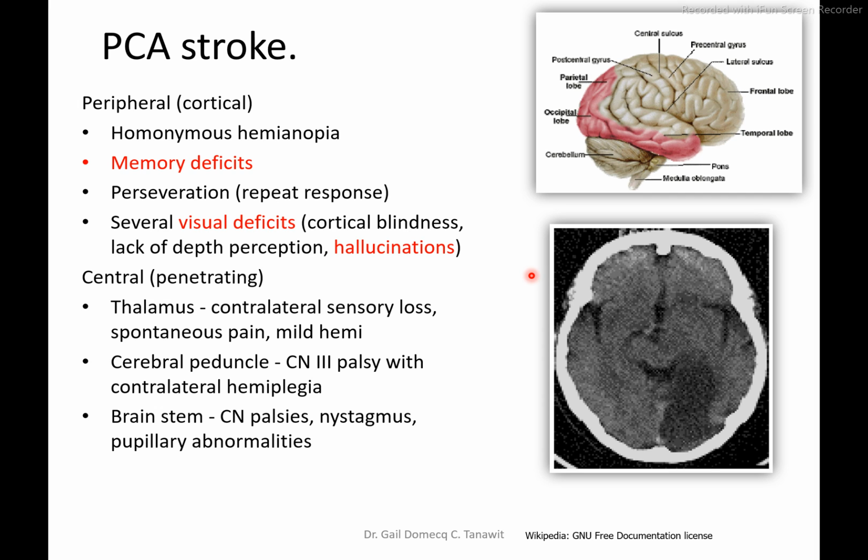For central, the thalamus, so it's a relay center for pain, so contralateral sensory loss or spontaneous pain. Mild hemiparesis. Cerebral peduncle, so cranial nerve 3 palsy with contralateral hemiplegia. Brainstem, so pwede rin maapektuhan kapag PCA. So it can lead into cranial nerve palsies, nystagmus, and even pupillary abnormality.